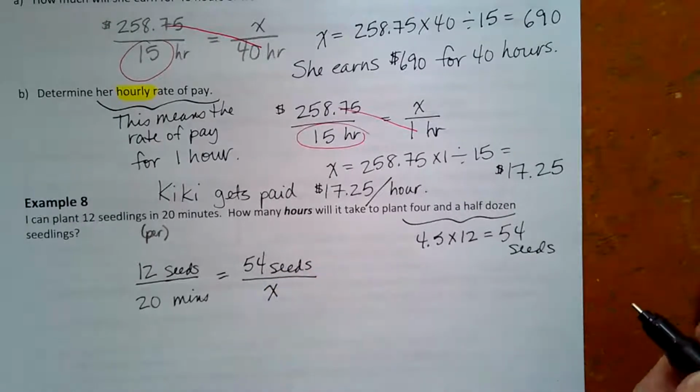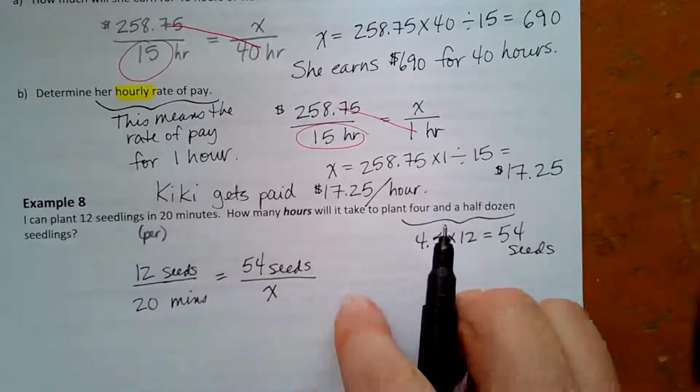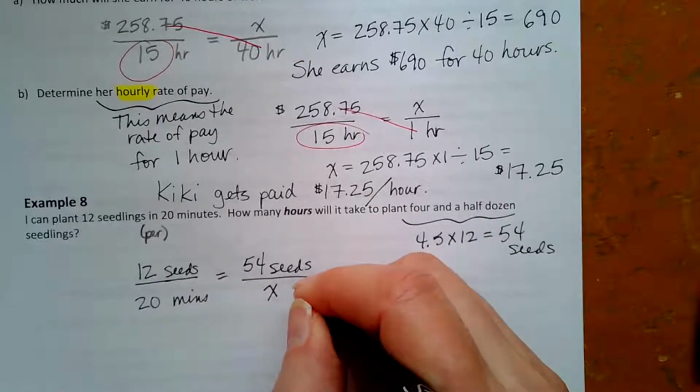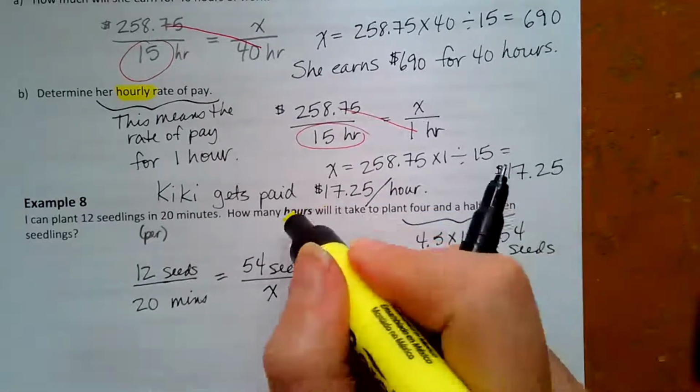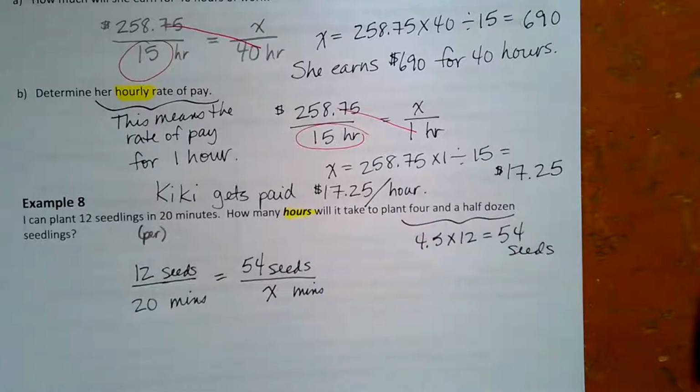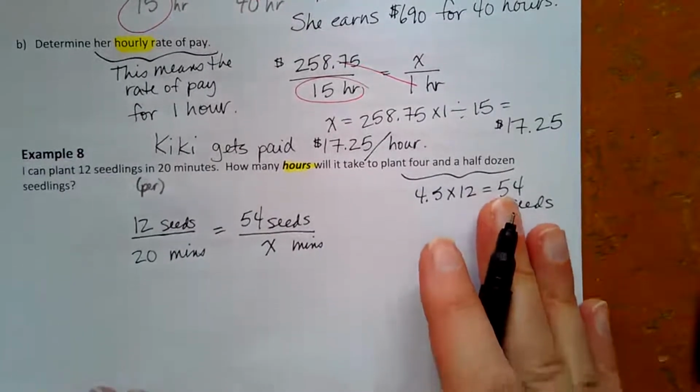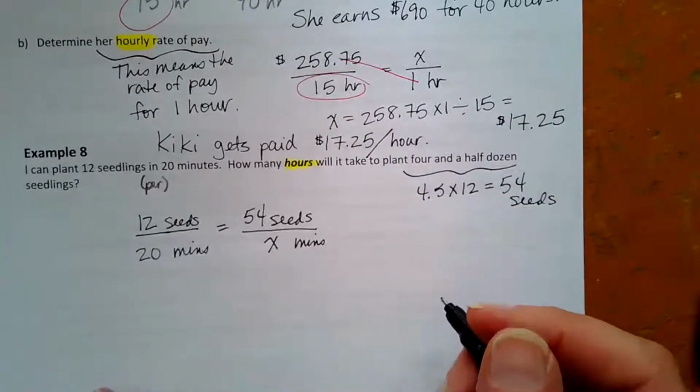I have to be careful here though. The way my ratio is set up, this will be minutes, right? But that's okay. Even though they asked me in hours, I can convert my minutes to hours first. I just need to get the time. Once I get the time, we can convert to hours easily.